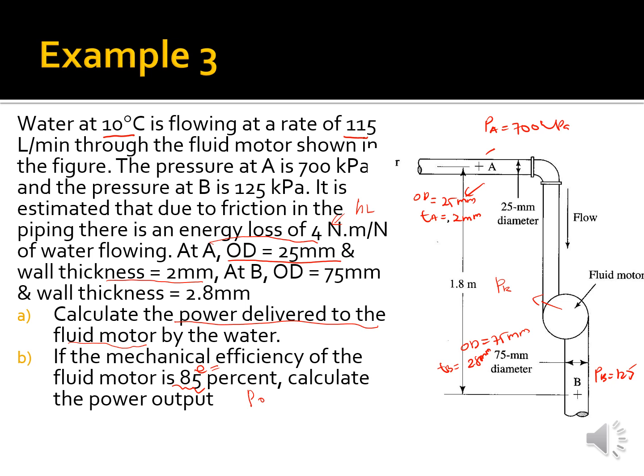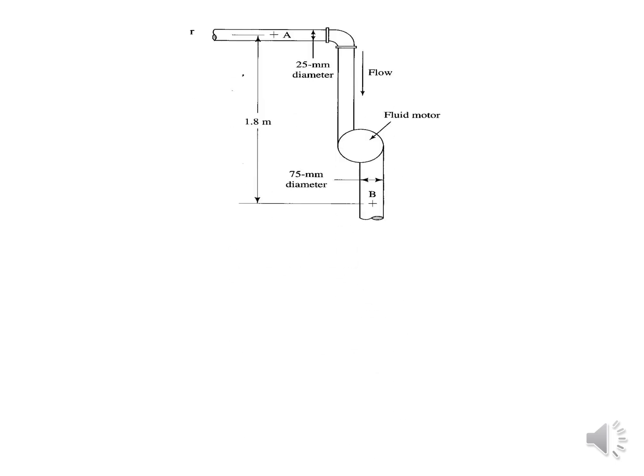How can we strategically plan to solve this problem? This is the diagram given from the question. As usual, the first step is to extract the information given from the diagram and from the question.